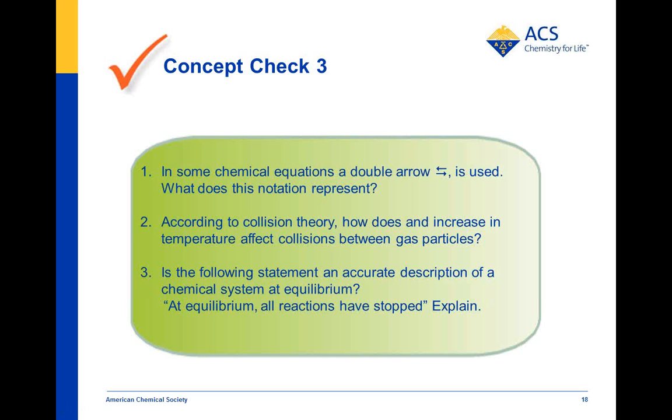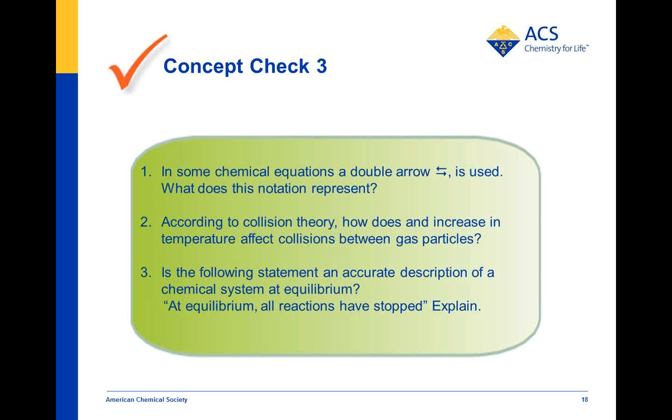This first concept check: they've seen the double arrows briefly before in the text, and so they're asked to recall and see if they remember what the meaning of this is. And in number 2, I think that this one's important.